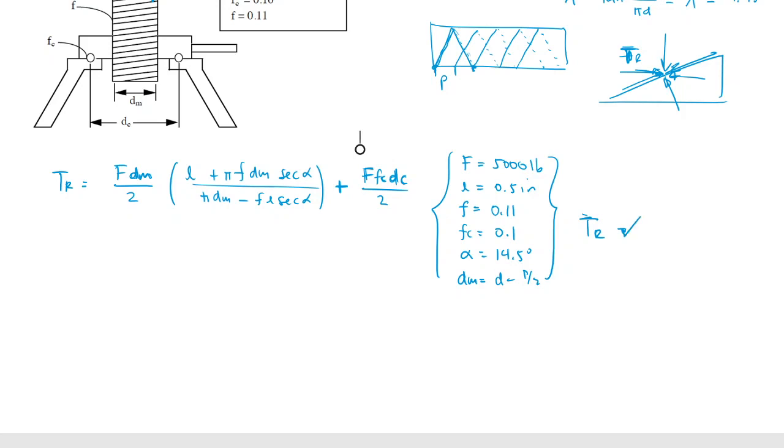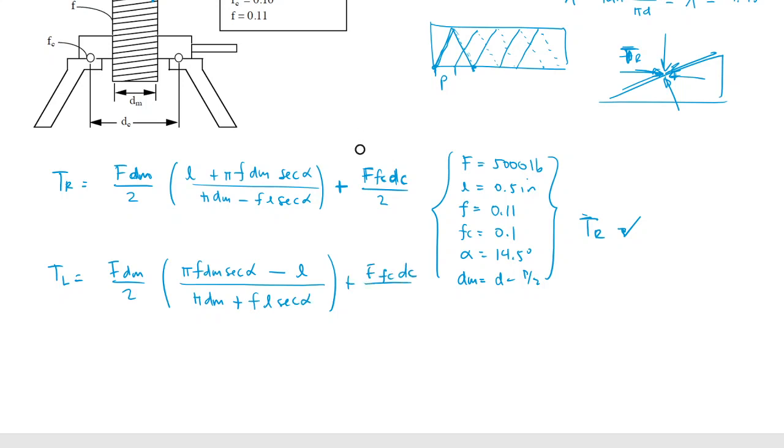Okay, I also want TL. So TL would be same equation with pi f dm secant of alpha minus L in the numerator, and then pi dm plus f L secant of alpha in the denominator. Okay.